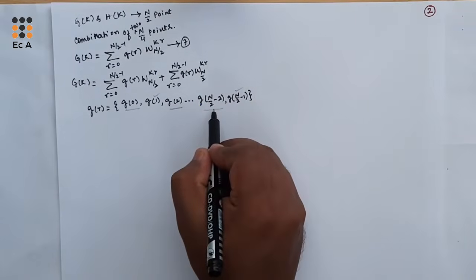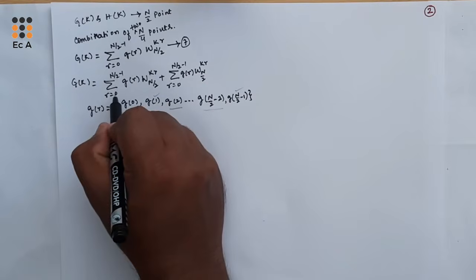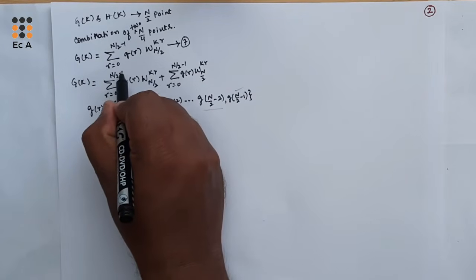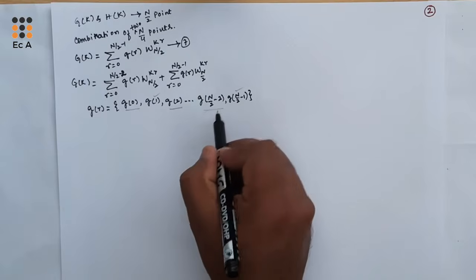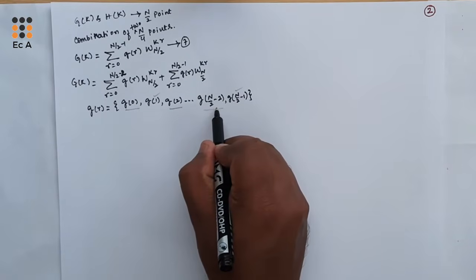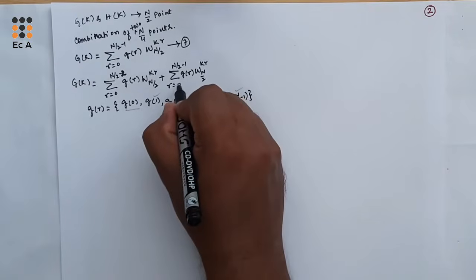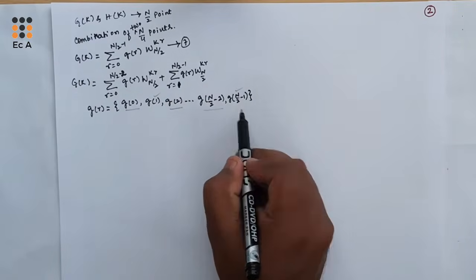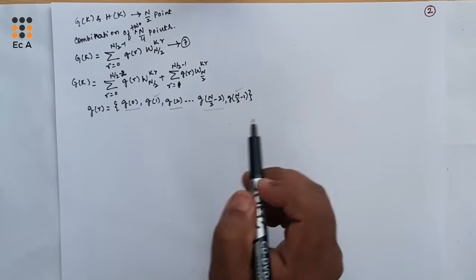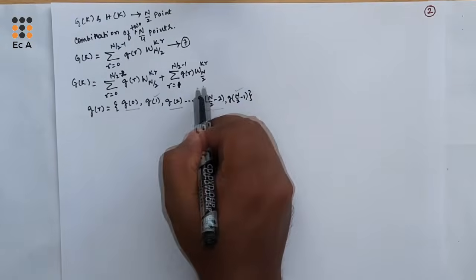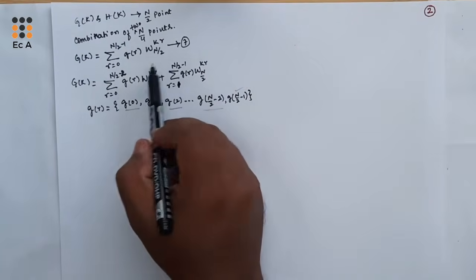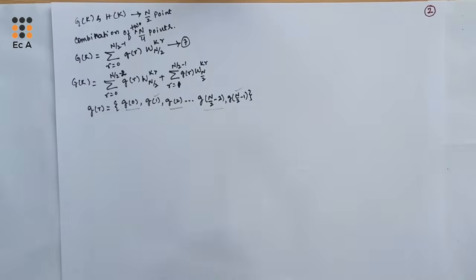So that is why the even sequence value should repeat from 0 to n by 2 minus 2 here. So you can see here n value is up to n by 2 minus 2. For the odd sequence, r value should be from 1 to n by 2 minus 1. So this is the even and odd representation of equation 7.